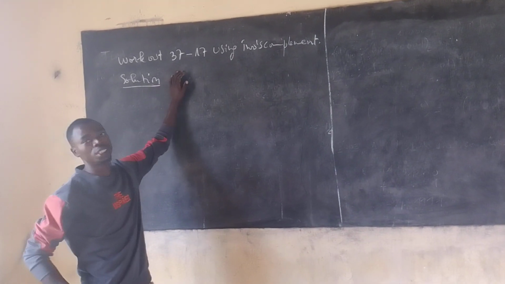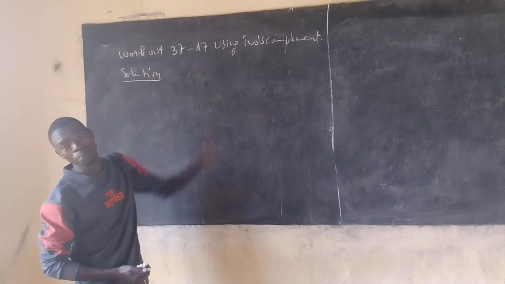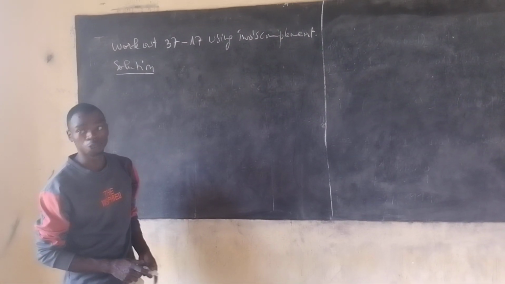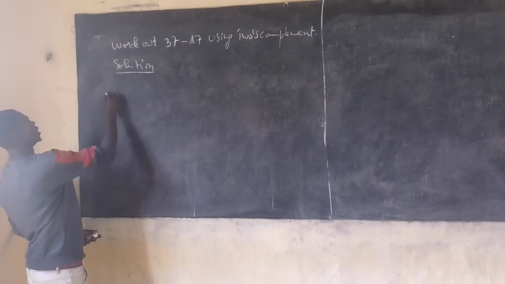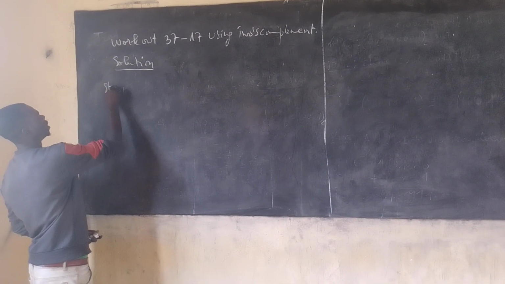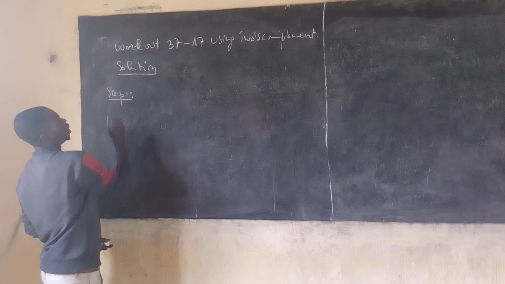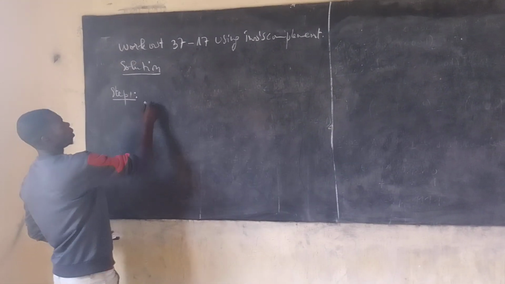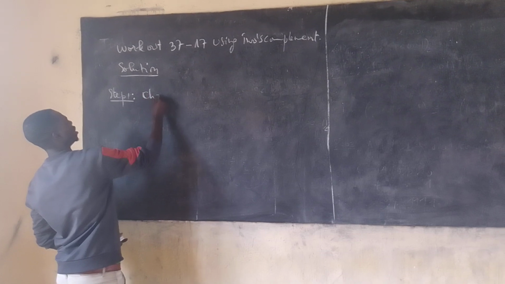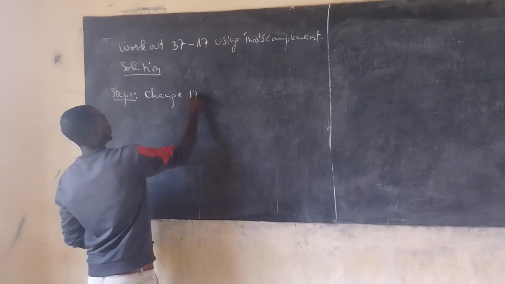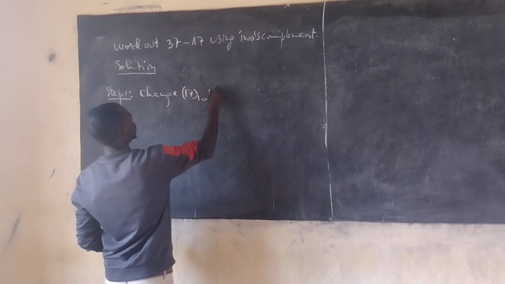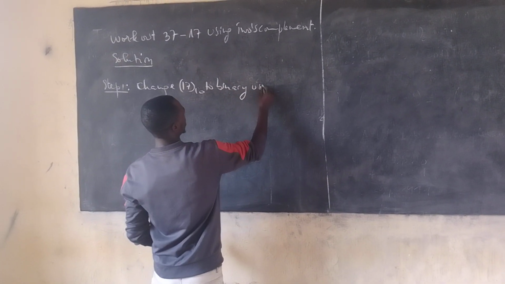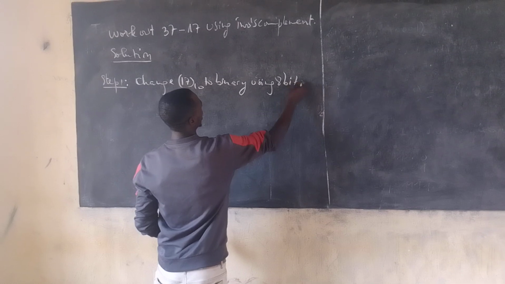To perform this question by using two's complement, we pass through 6 steps, as we are going to show. The first step: we have to change this 17, base 10, to binary using 8 bits.